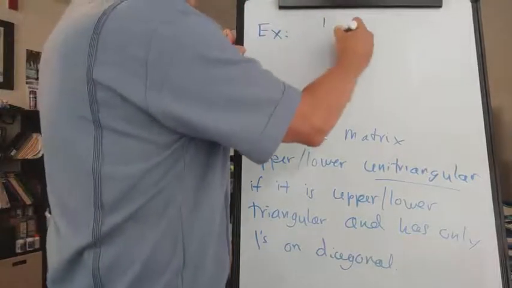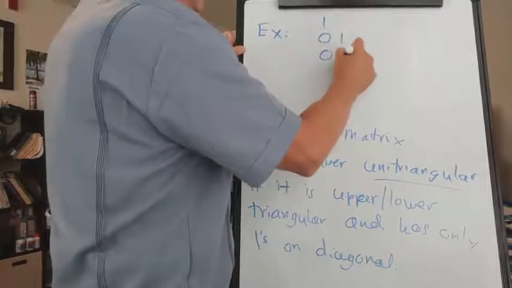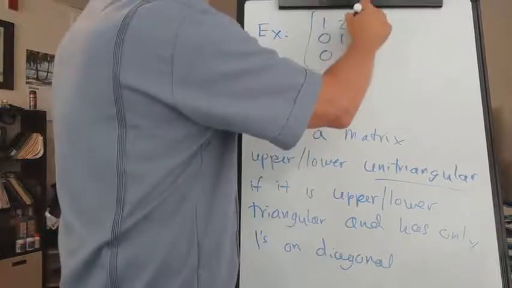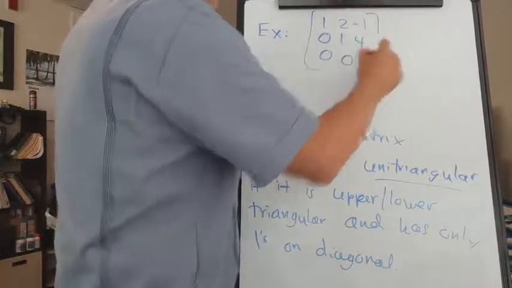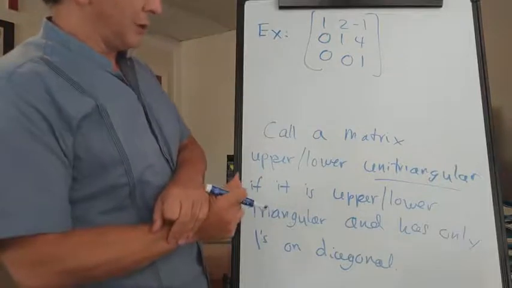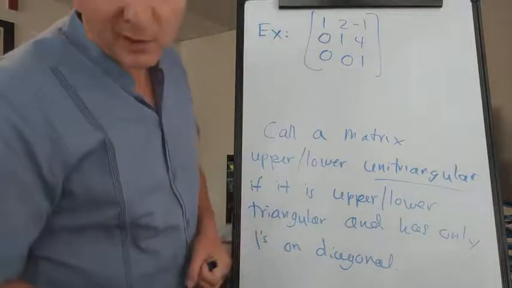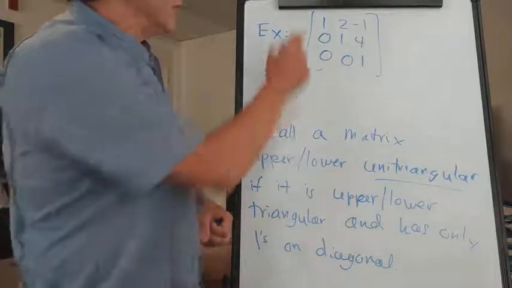So for example, here's a matrix which is upper unitriangular, because it's upper triangular and all the entries on the diagonal are 1.